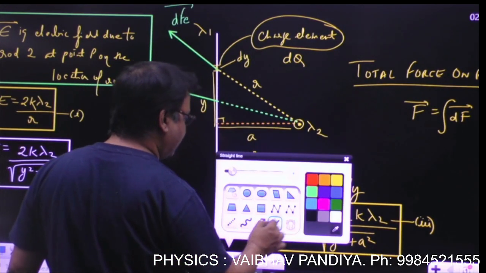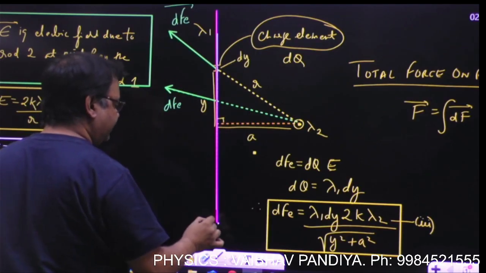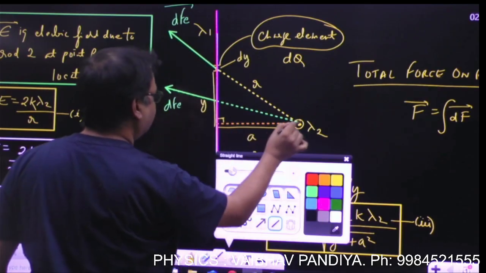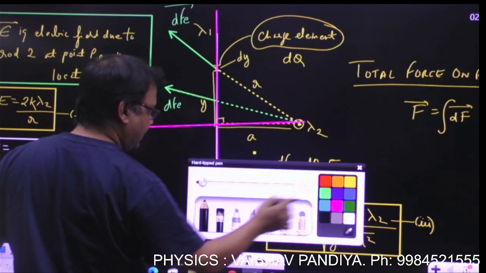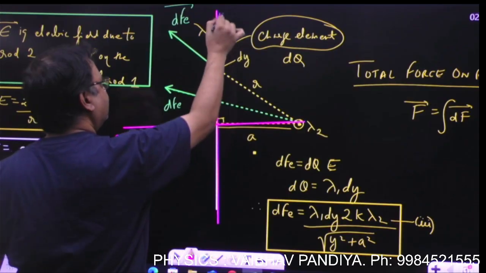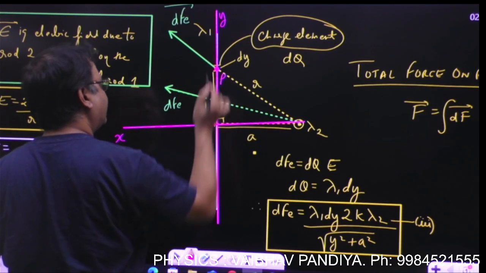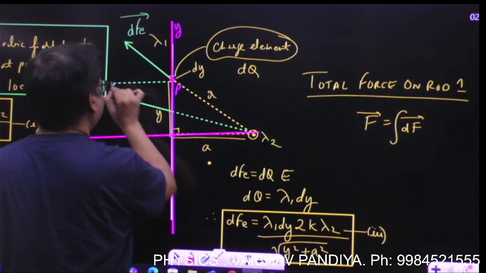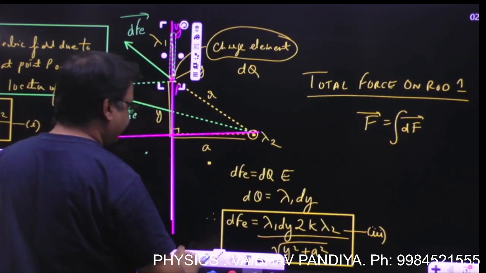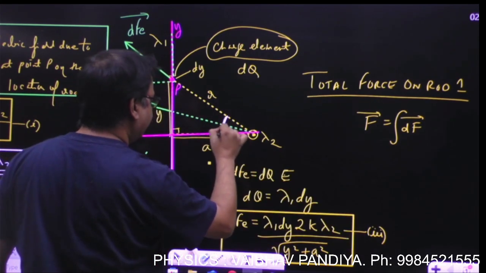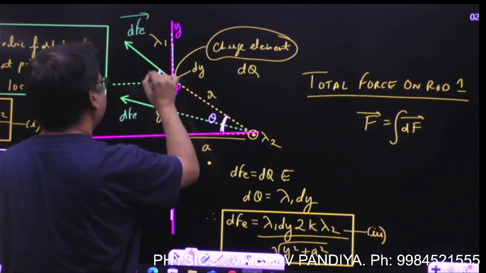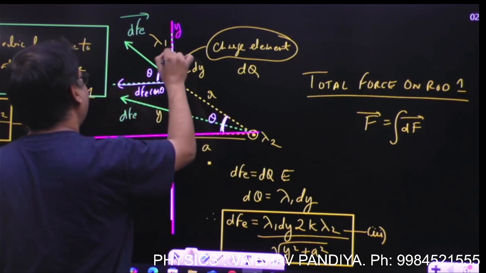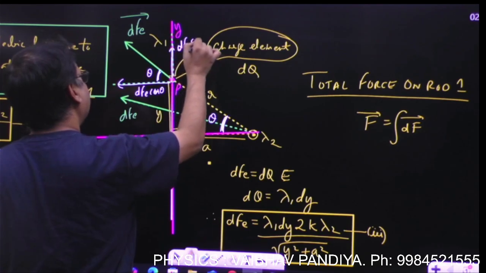I'm taking this as the y axis, and I'm taking the left side as the x axis, and this is the element at point P, correct? So I can resolve dF_E into two components, one along the y axis, one along the x axis. If this angle is theta, this angle will also be theta. So this component will come to be dF_E cos theta, and this component will come to be dF_E sin theta, correct?